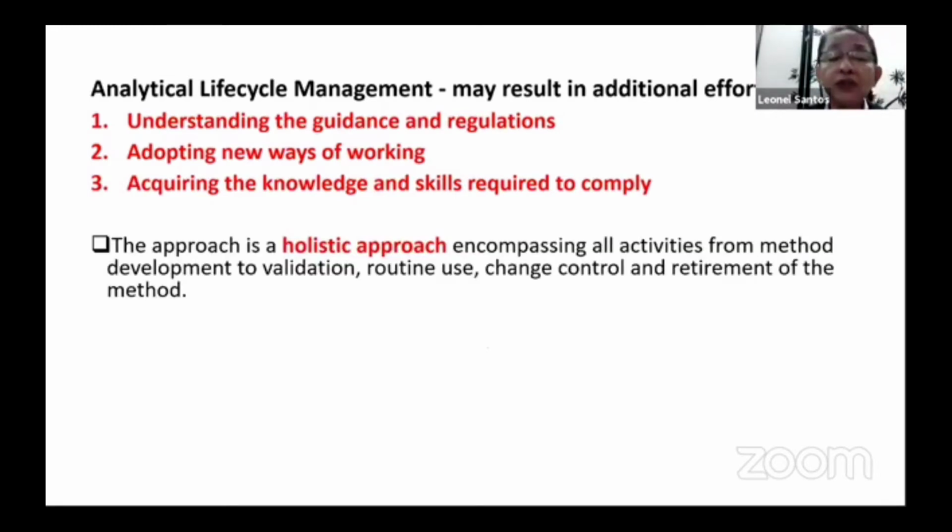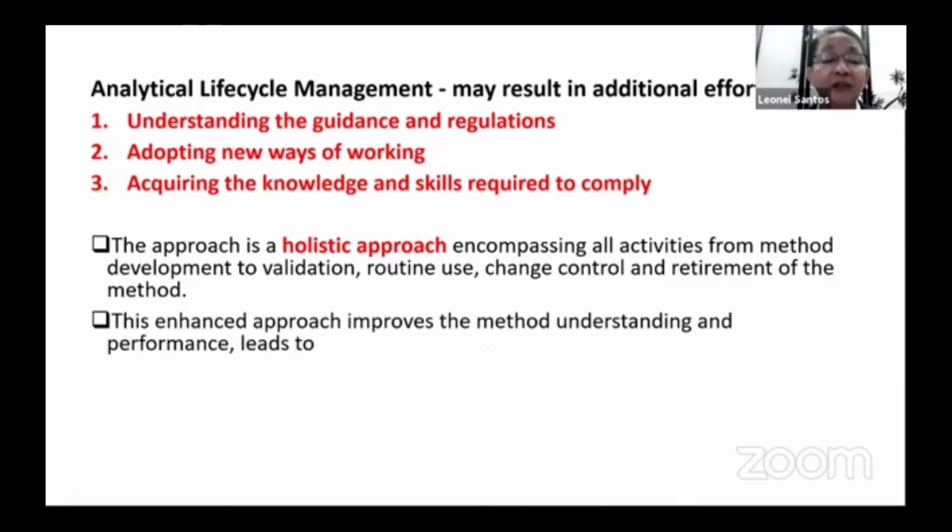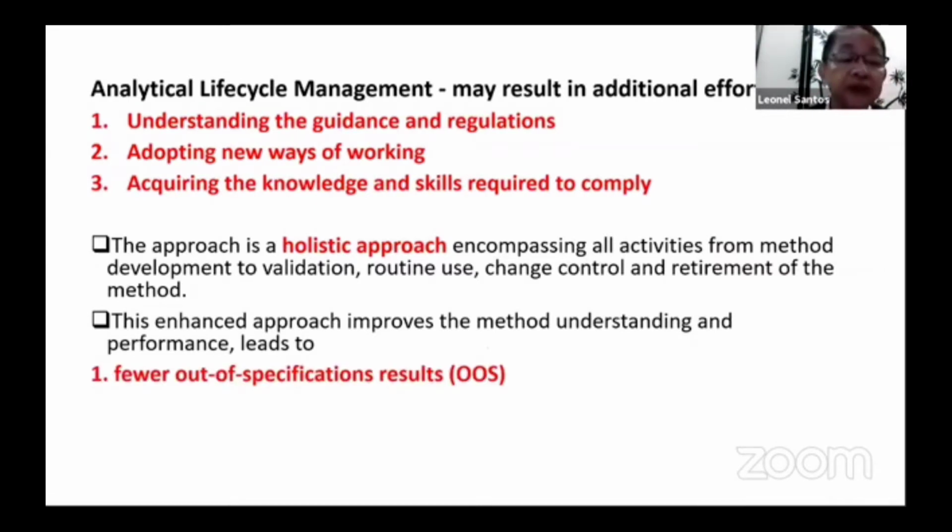So the approach for this new proposed general chapter 1220 is holistic, meaning it is covering all the different activities from method development to validation, routine use, change control, until the method is retired. And this enhanced approach improves the method understanding and performance that is leading to, first, fewer out of specification results.